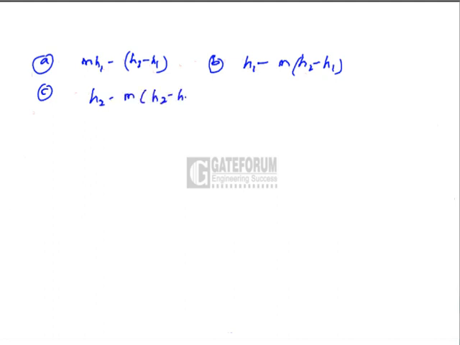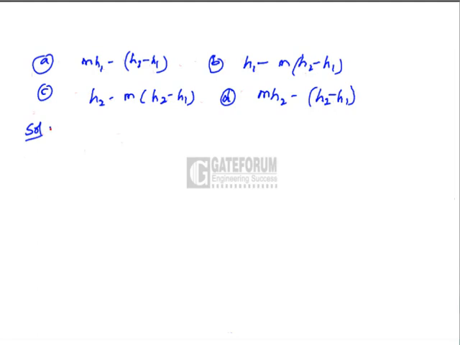The options to this regeneration problem are given as A, mH1 minus H2 minus H1, B, H1 minus m into H2 minus H1, C, H2 minus m into H2 minus H1, D, mH2 minus H2 minus H1.